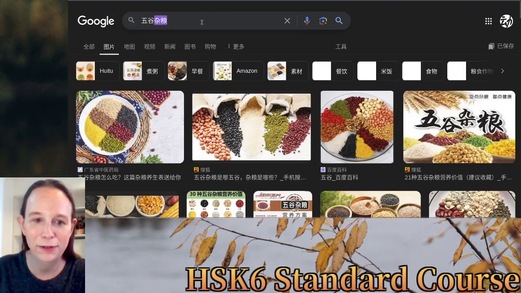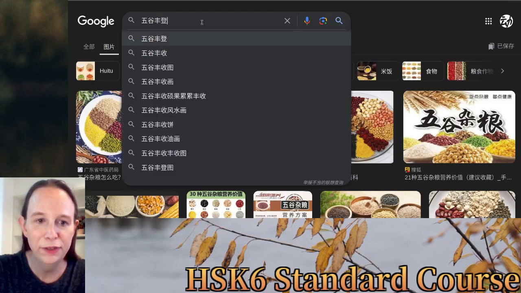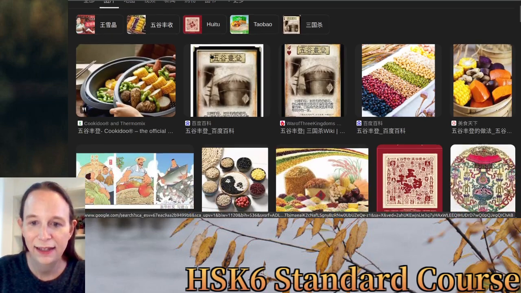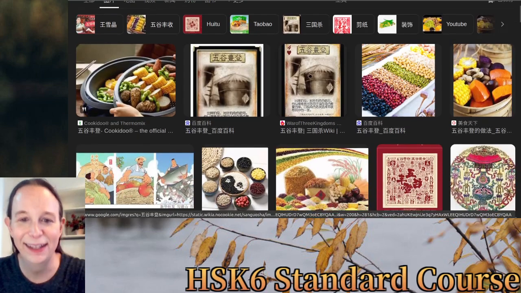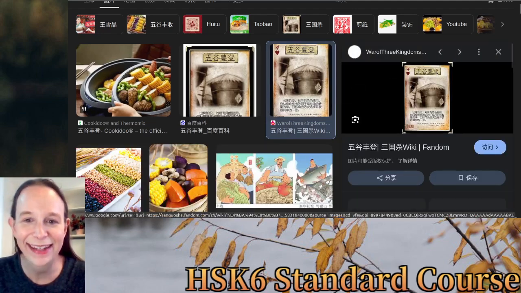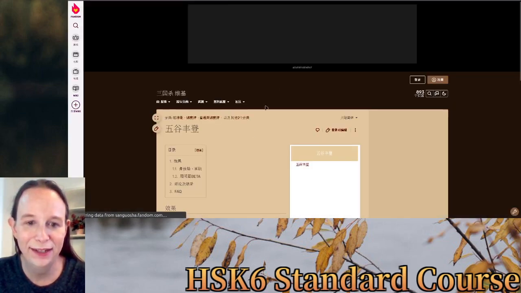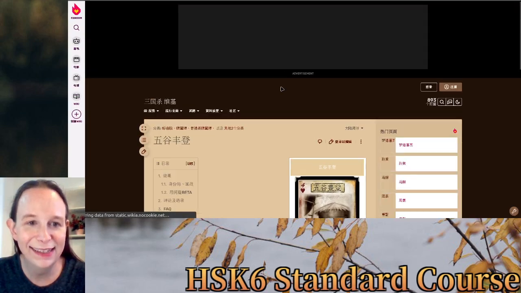No. 五谷丰登. Yeah, there it is. That's the card from 三国杀. I forget. What does it mean? I can read them now. I couldn't read them when I was playing 三国杀. I just want to see the image. Oh, this is a 三国杀 fandom.